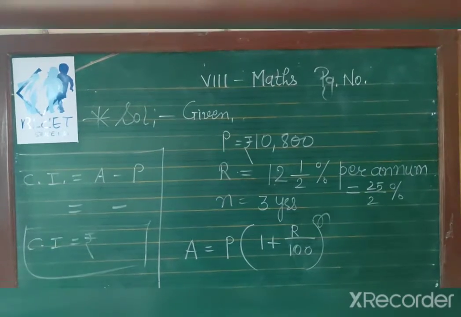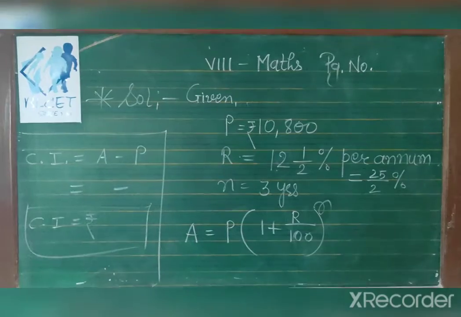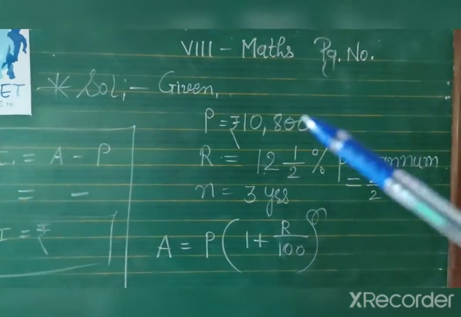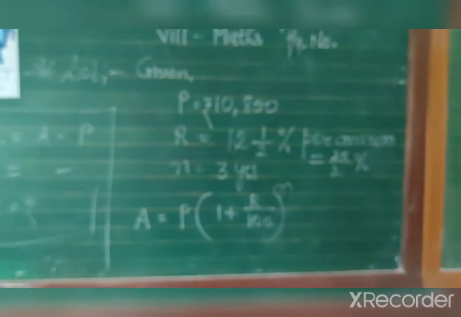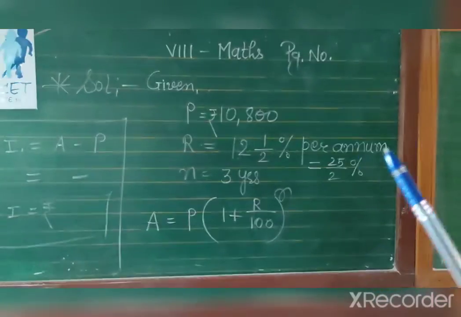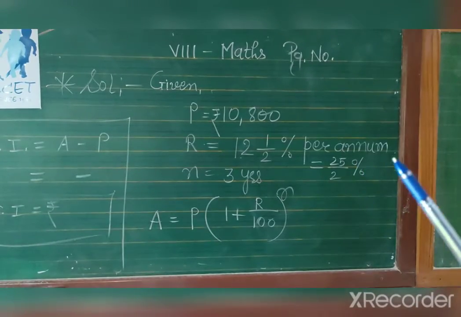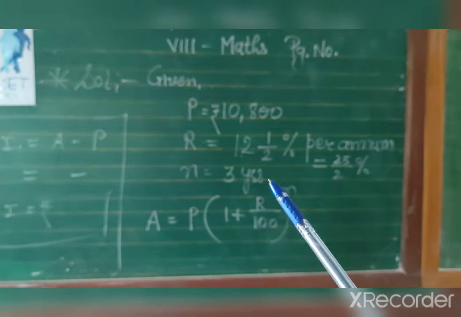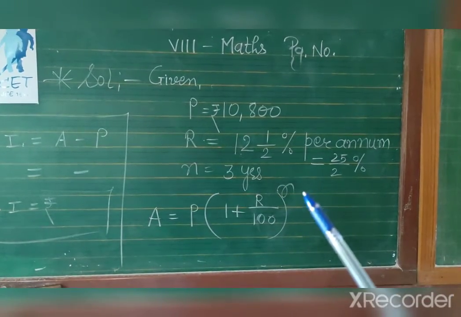Now see here in the first question, exercise number 8.3. Principal is equal to rupees 10,800. Rate of interest 12 1/2% per annum, that means 25 upon 2 percent, and number of periods 3 years. So A equals P times the bracket 1 plus R upon 100 to the power n.